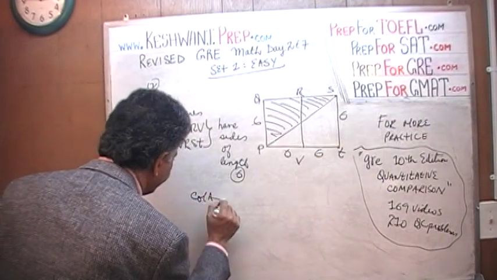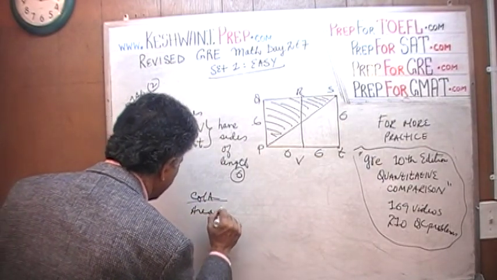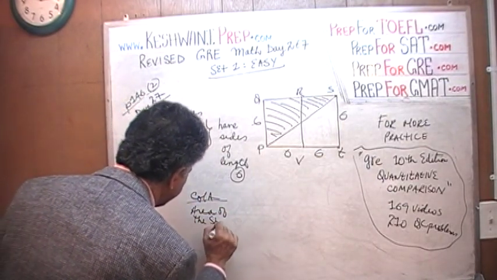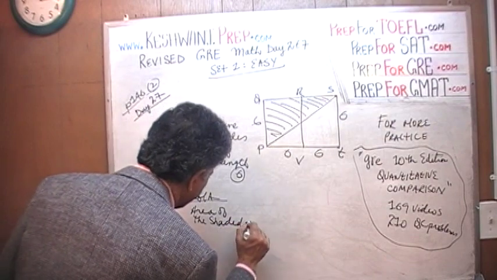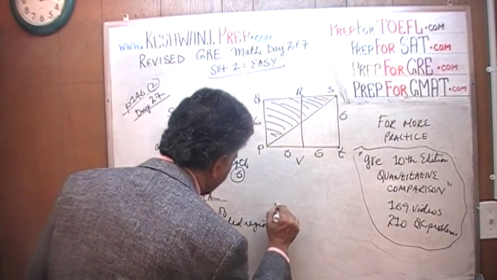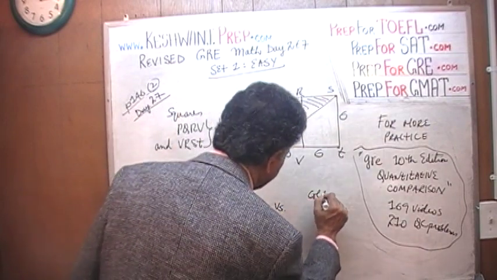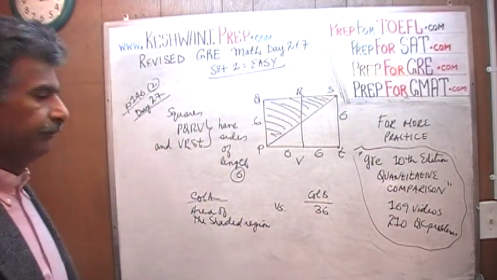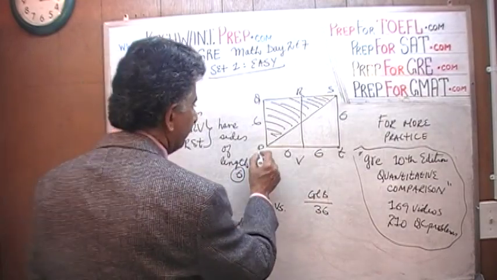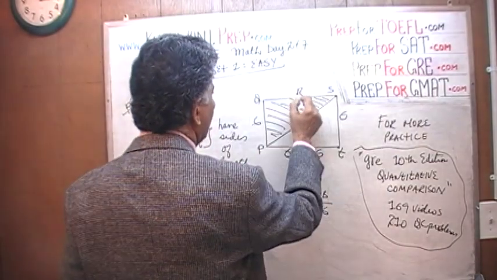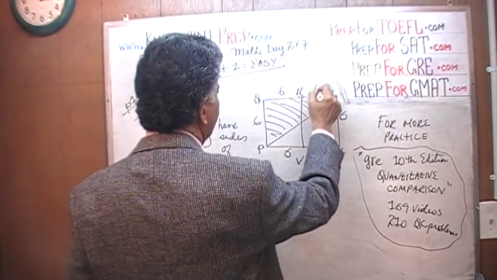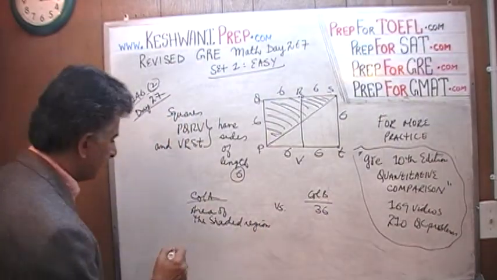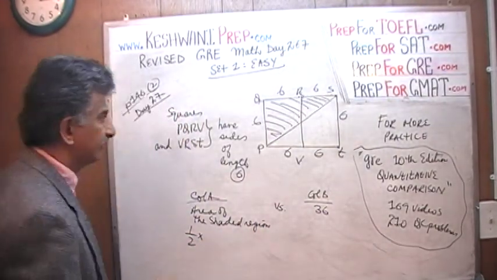Column A, area of the shaded region, versus column B, where they tell us it is 36. Well, if P to V is 6, then Q to R is also 6, and R to S is also 6. Therefore, the area of the shaded region is just going to be half base times height.